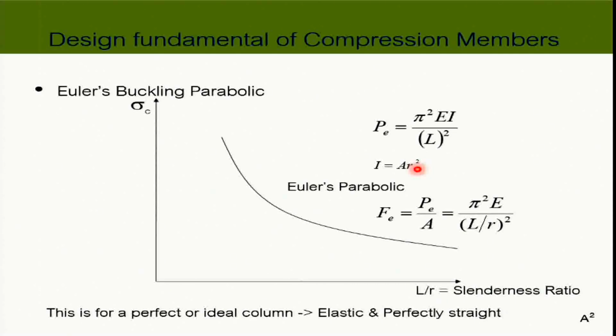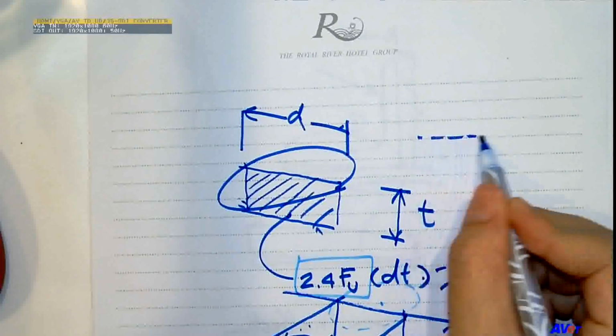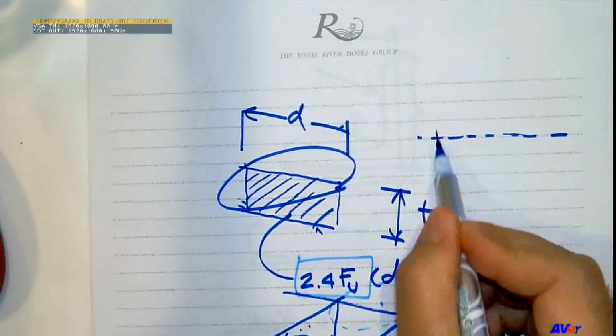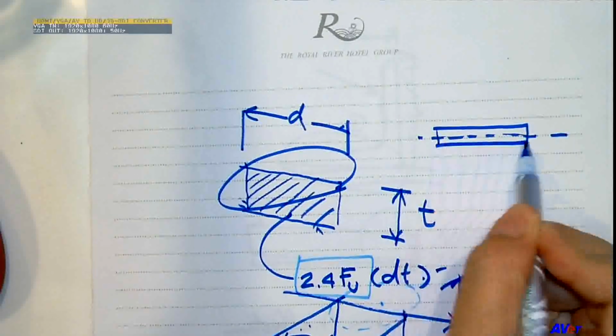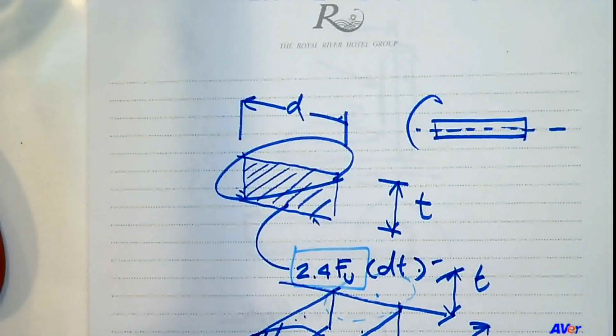Maybe this is better. Let's say this is the axis, and I have my section here. I want to rotate this section about this axis. It's very easy, right? Just like that.